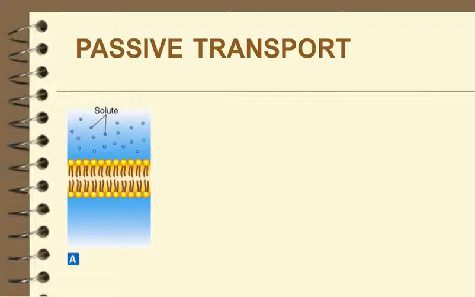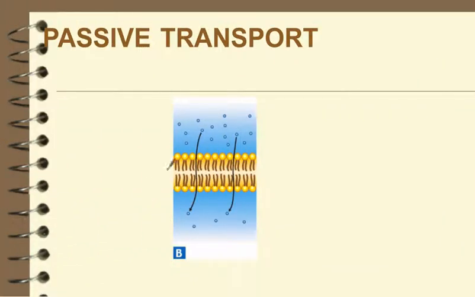So what that means is here we have a high concentration, and down here we have a low concentration. So what's going to happen is those molecules are going to diffuse across the membrane. They're going to start moving in that direction. They're going with the concentration gradient. They're going from high to low concentration.